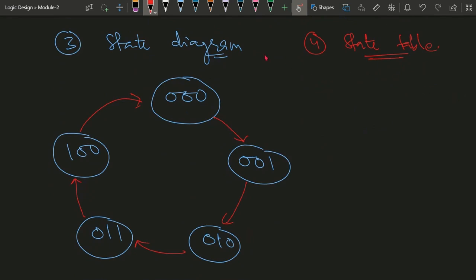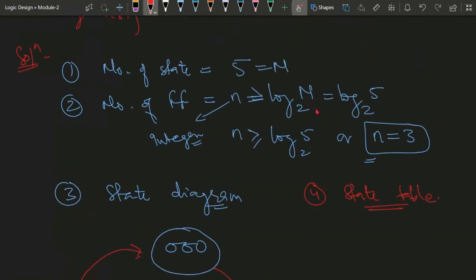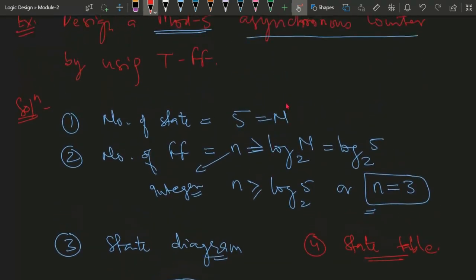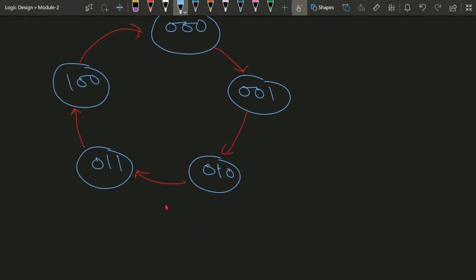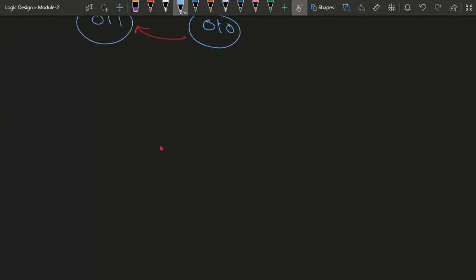Similarly, the excitation table for the flip flop. Then go to the implementation, because we have some limitations here. Limitation in the sense that we have 3 flip flops.